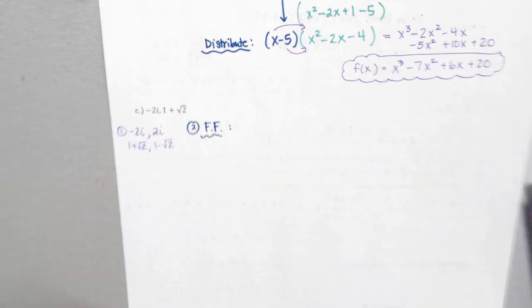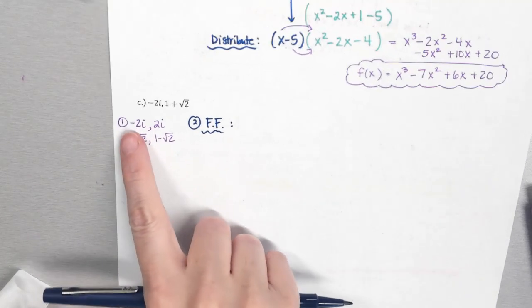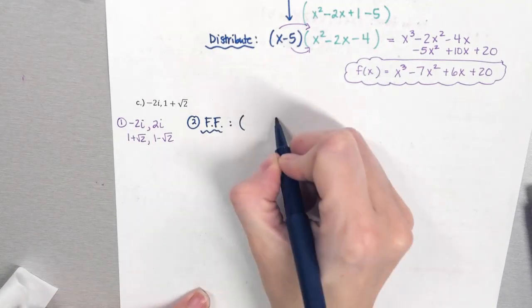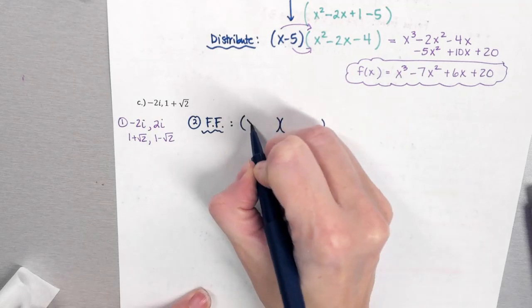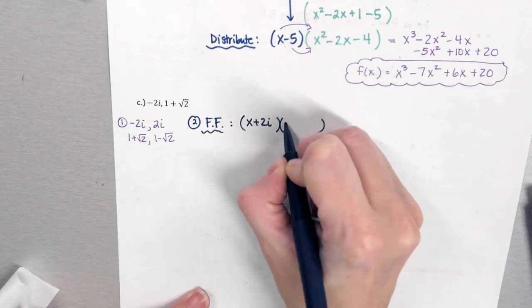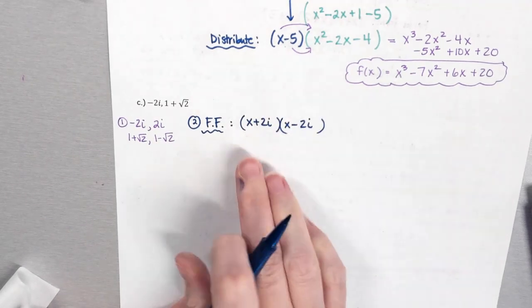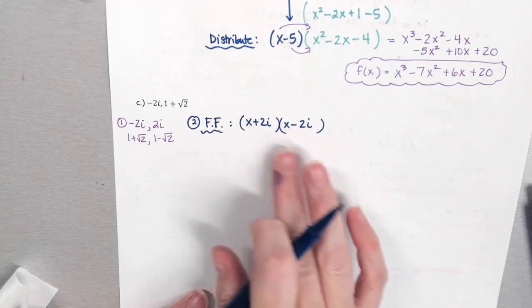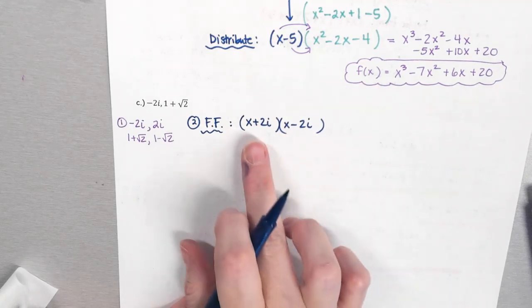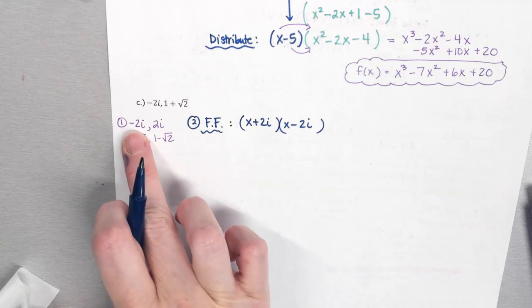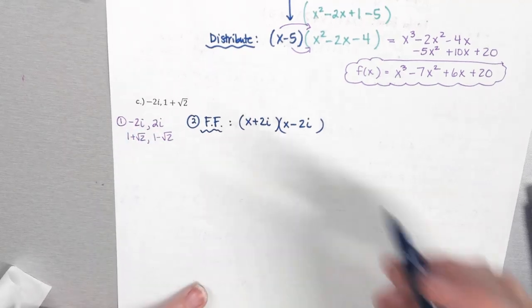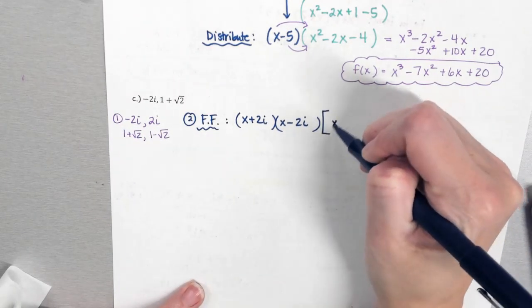Okay, so for your factored form, you have the minus 2i first. So I made mine x plus 2i and then x minus 2i. It honestly doesn't matter which one is first and which one is second. The only reason I put that first is because I had the negative 2i listed first, but it's not going to make a difference.